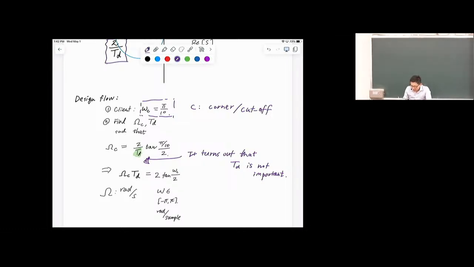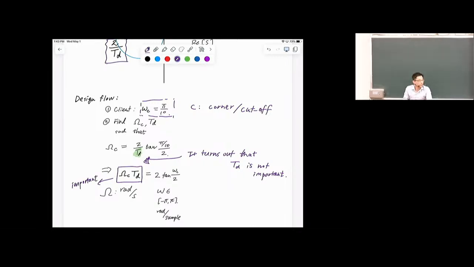But then what do we have? Then you have this omega c right here, and it turns out that what is important is the product of omega c times TD. You will see it in this homework.